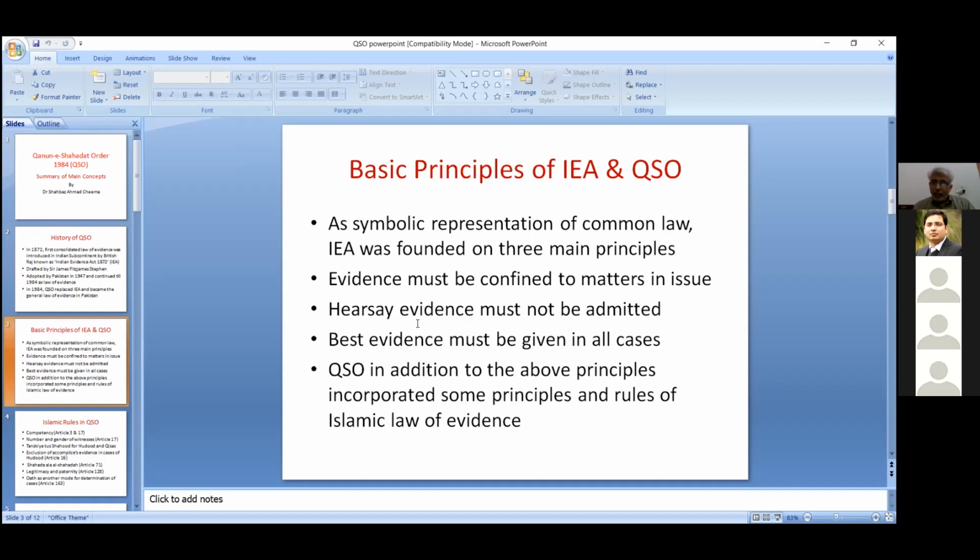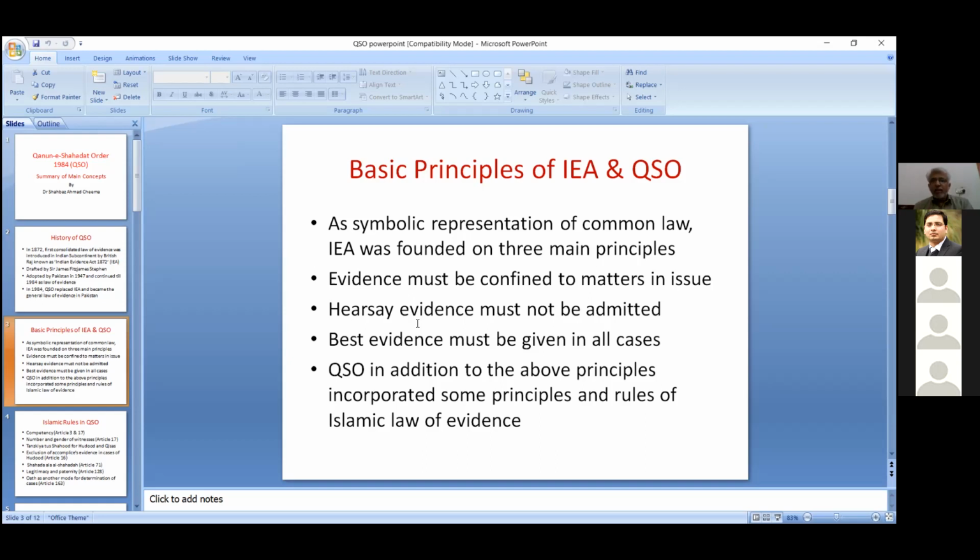Whenever I teach during my class, I encourage students to go and find good books on Indian law of evidence and study those books, because the interpretation given in those books relating to at least those provisions which are in our Qanun-e-Shahadat Order is still followed by the Pakistani courts.